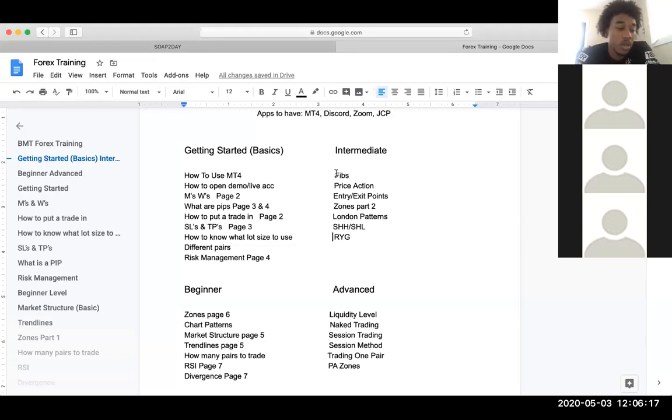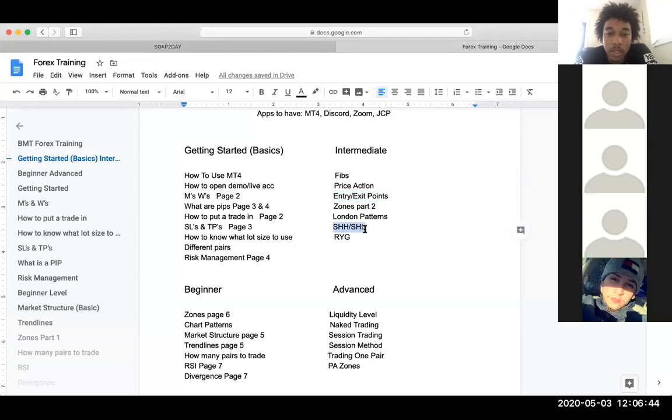So fibs. We talk a lot about price action, entry points, exit points, zones, maybe zones. Probably just for right now, we'll do fibs, price action, entry and exit points, and then I'll do like stop hunt high, stop hunt low, just so we don't go over too many things.